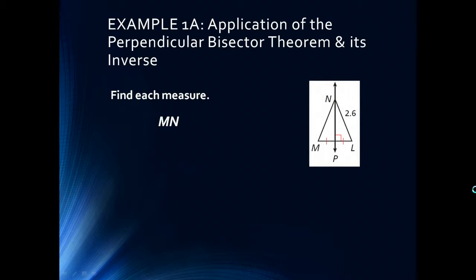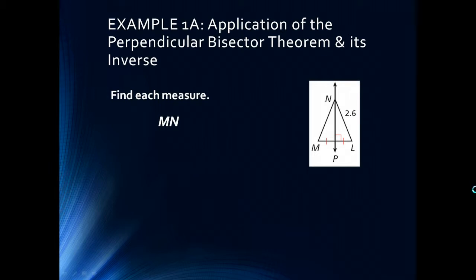Let's look at an example. If we want to find the measure of MN, we are given ML is the base of this triangle, and MP and LP are congruent, and line P is perpendicular to ML.